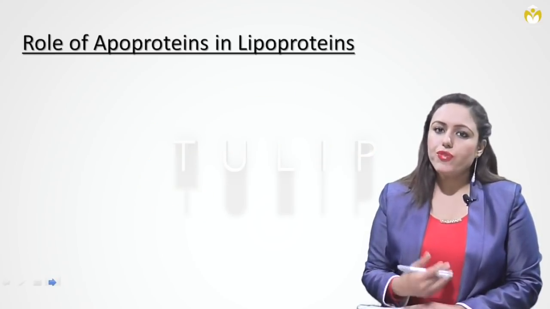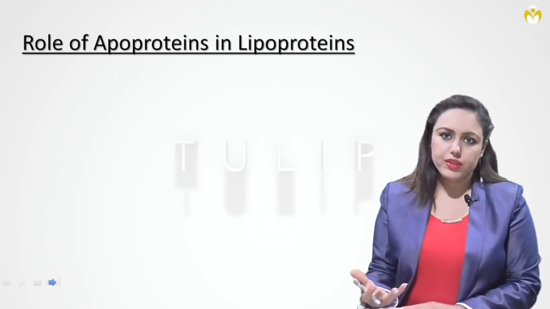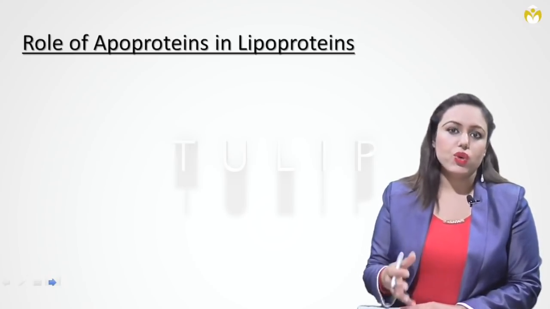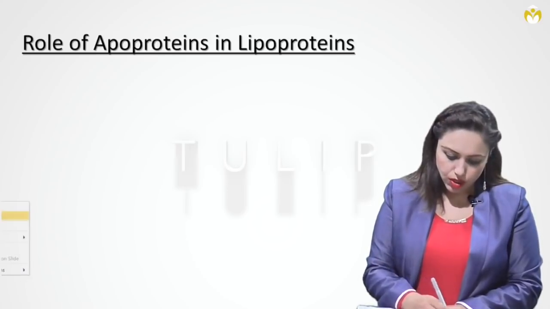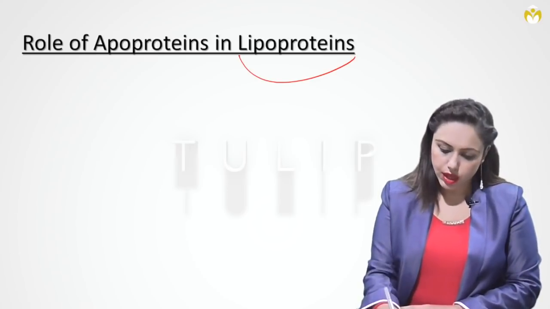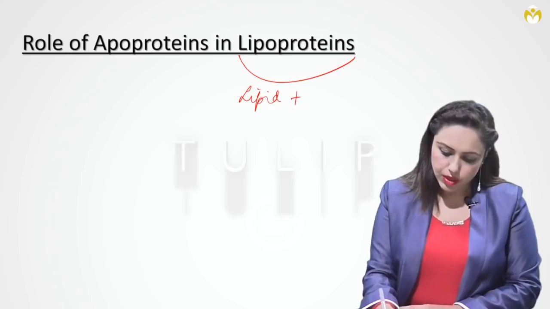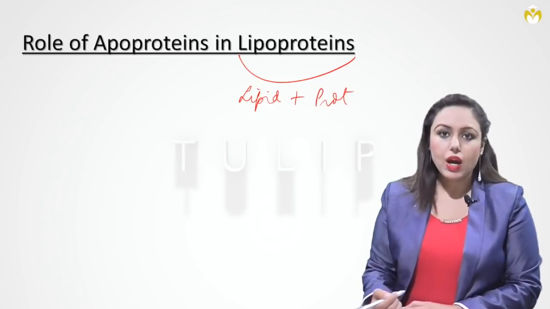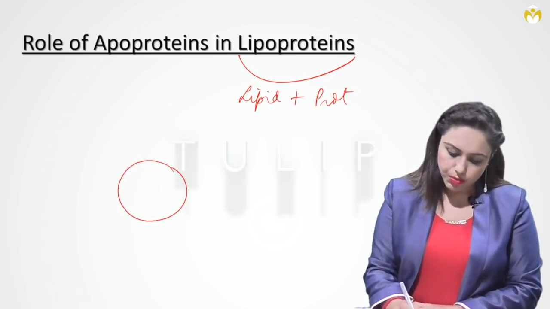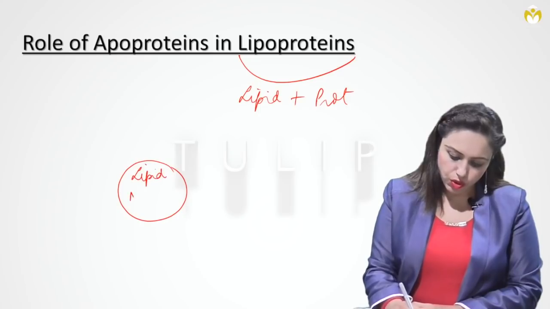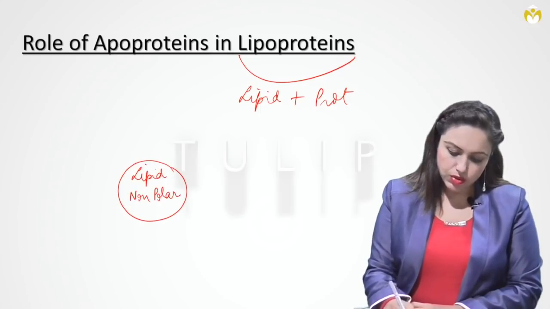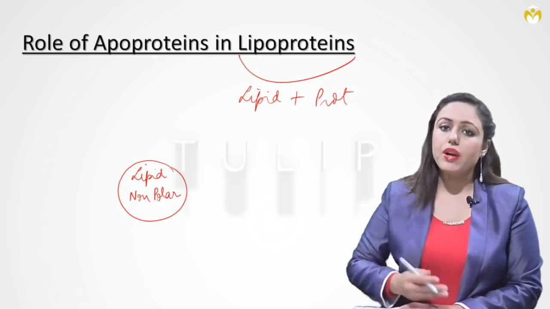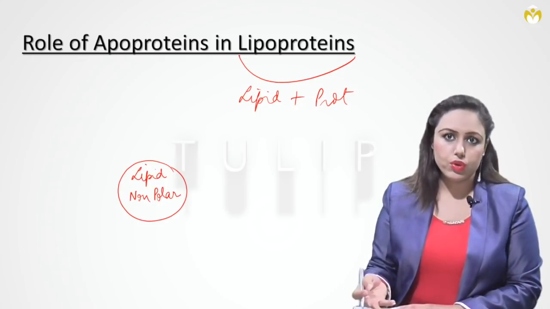Let's see the role of apoproteins. Various apoproteins have various roles in the structure of a lipoprotein. What do you mean by lipoprotein? Lipoprotein means lipid plus protein, and how it is arranged: the lipid portion is non-polar, so it cannot freely circulate in blood because blood is polar and lipids are non-polar.